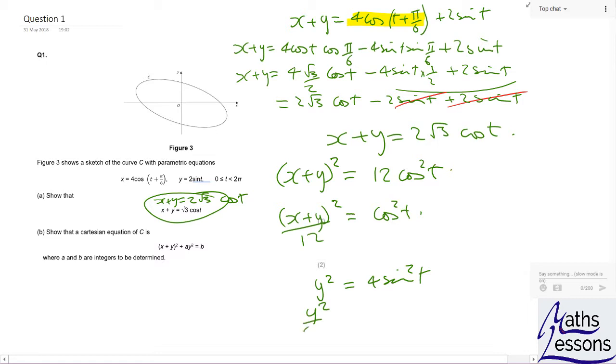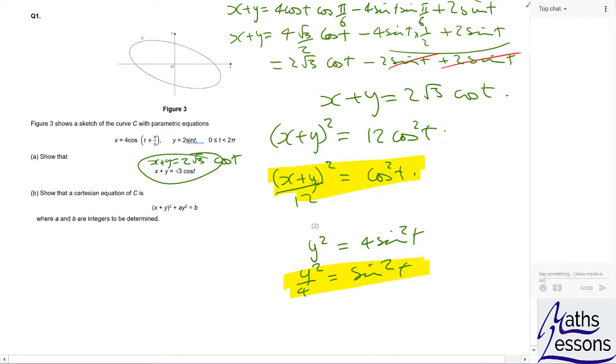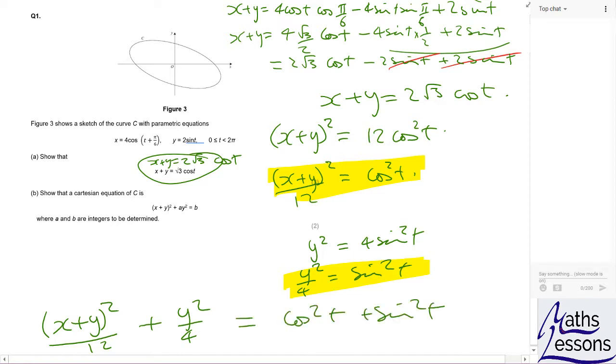So y squared over 4 equals sine squared t, and this is a very common technique to get something equal to sine squared t and something equal to cos squared t, because cos squared plus sine squared equals 1. So we get therefore x plus y squared over 12 plus y squared over 4 equals cos squared t plus sine squared t, which equals 1.